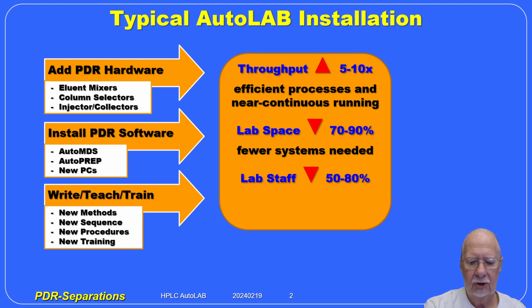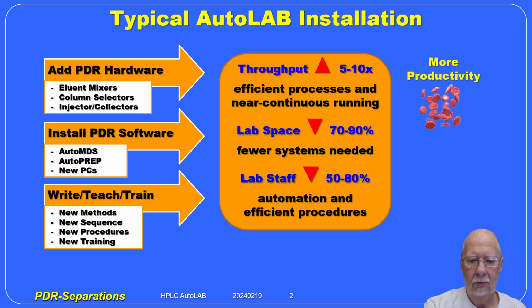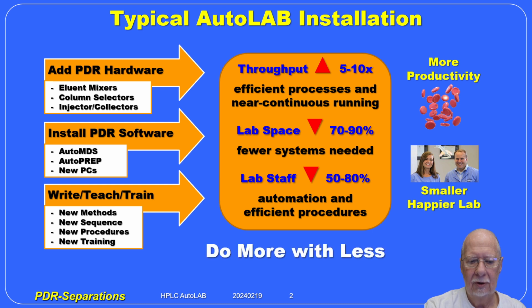Lab staff is reduced to 50 to 80% of previous. And thanks to automation and efficient procedures, remaining staff is able to spend more time on other activities. Result is more productivity in a smaller and happier lab, doing more with less.